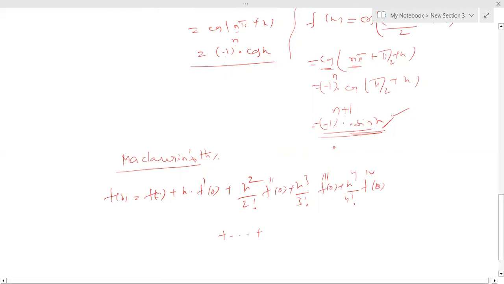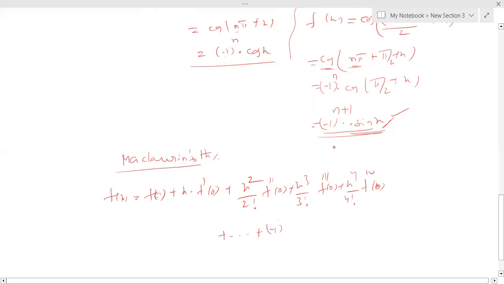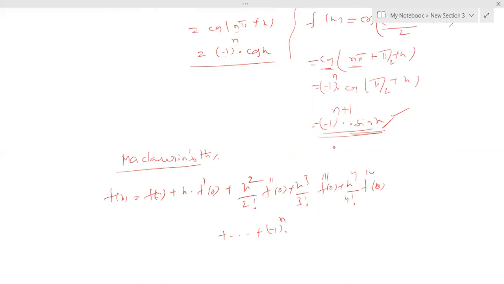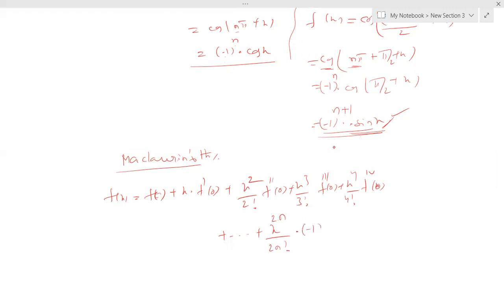As you wish you can take the nth derivative; because the odd derivative always comes after the even one, write the 2n-th term: x power 2n by 2n factorial, where the 2n-th derivative value is minus 1 whole power n into cos x.